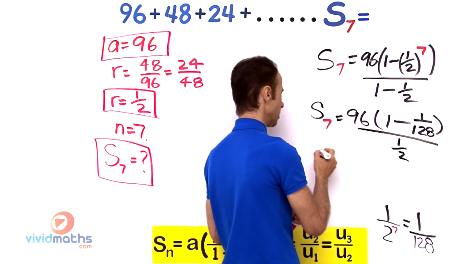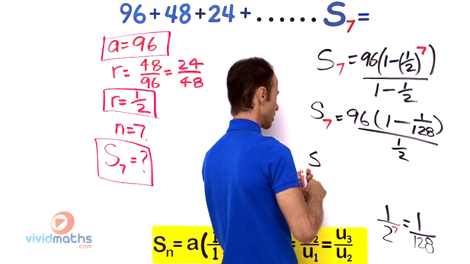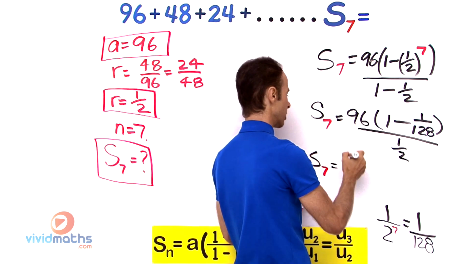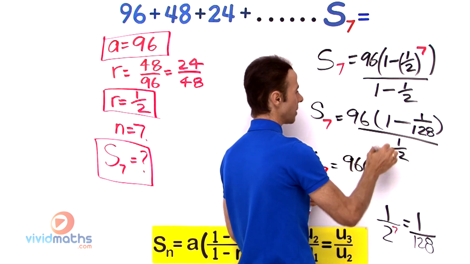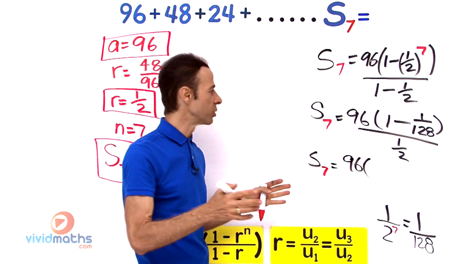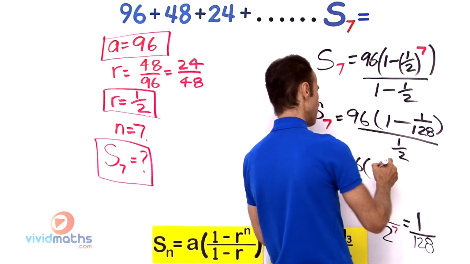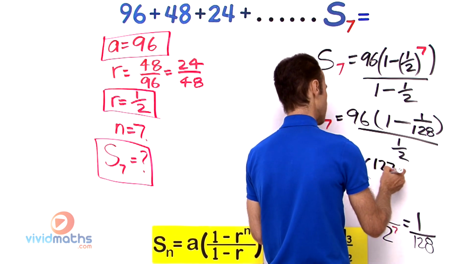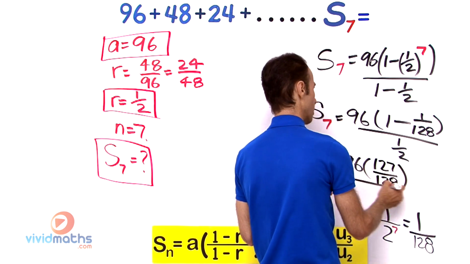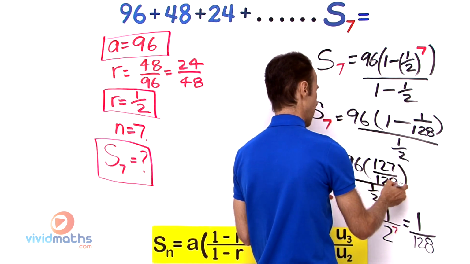So let's continue simplifying. The sum to 7 terms equals, so what do we got here? We got 96 times 1 minus 1 over 128, which on your calculator will yield a very simple fraction. Big numbers, but it's simple. 127 all over 128, close bracket, all over 1/2.